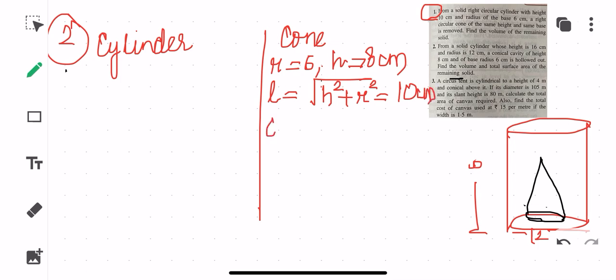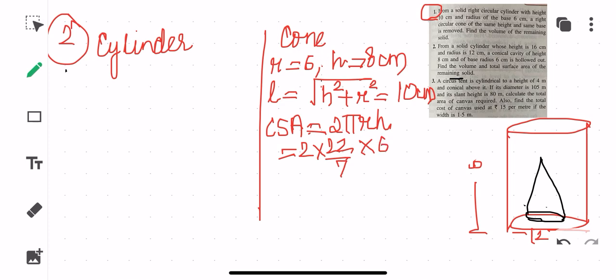So what will be the formula of CSA? It is given by, for a cone, 2 pi r h. So this in turn is equal to 2 into 22 upon 7 into radius 6 into 10.